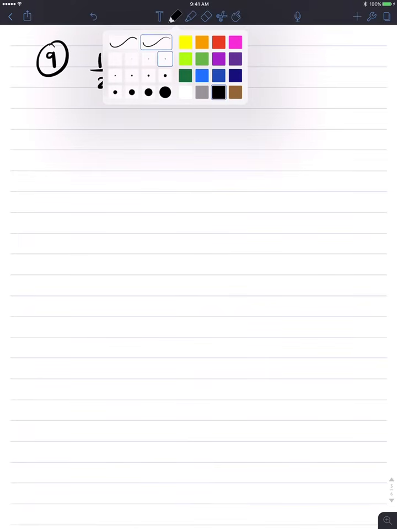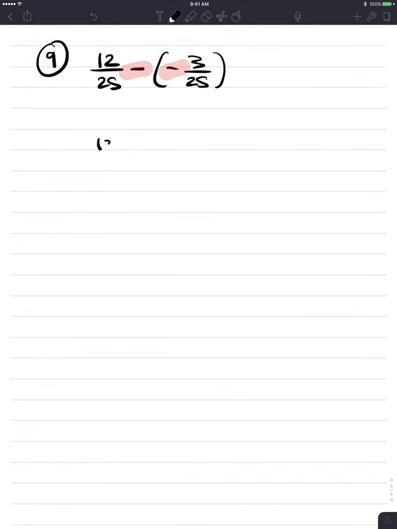Number 9, 12 over 25 minus negative 3 over 25. This is what we call the minus a negative situation. 12 over 25 minus a negative 3 over 25 can be written as 12 over 25 plus 3 over 25.